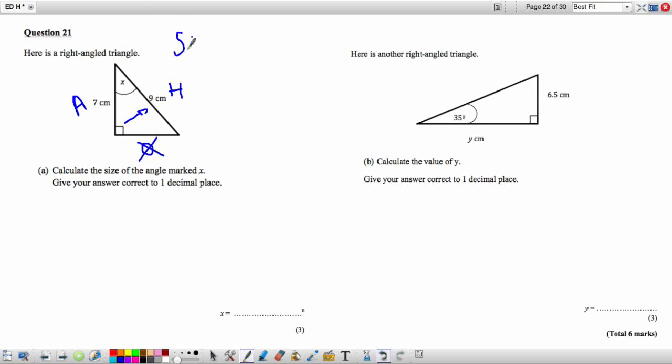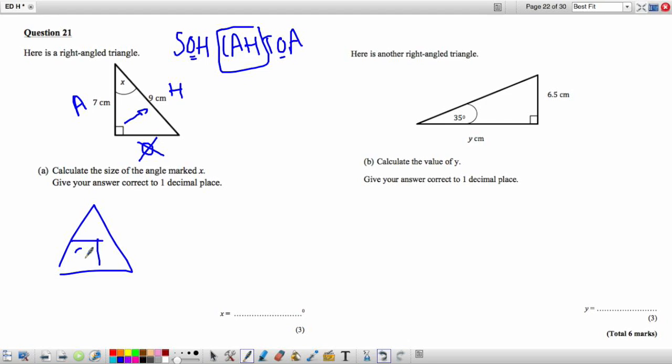So thinking about SOHCAHTOA, we can see here that because the O is here and here, we must be using cosine. The triangle will help us here, CAH, just in the order in SOHCAHTOA. The A is 7 and the H is 9.